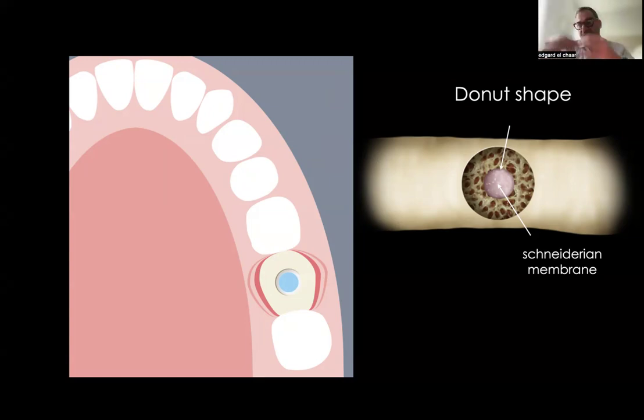I'm reducing the pressure created by the osteotome, because we as humans sometimes get rushed and start putting too much pressure, and it can go as a projectile. So that reduces the pressure inside to lift the floor of the sinus. That's what I call the donut shape.